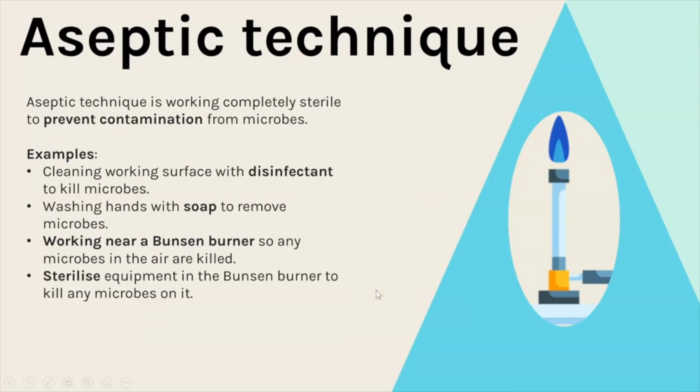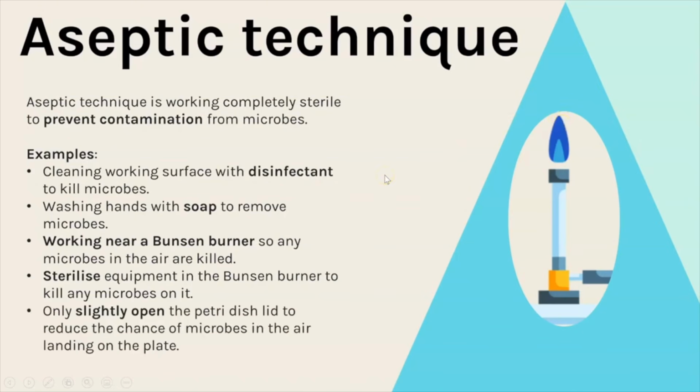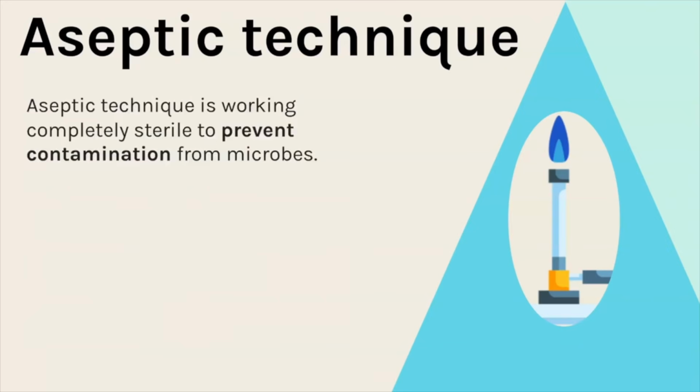Any metal equipment we sterilise by putting into the Bunsen burner flame as well. And when you do have to open your Petri dish to put the antibiotic discs in and to put the bacteria in, as well as working near the Bunsen burner, try and only open the lid a little bit to reduce the chance of any microbes in the air landing on your plate.